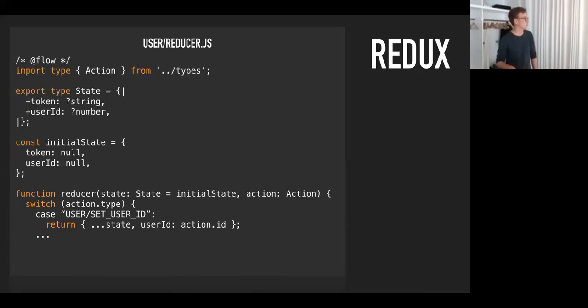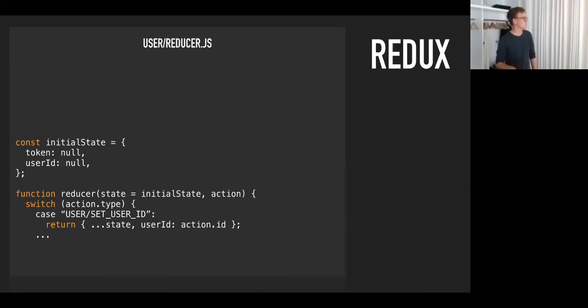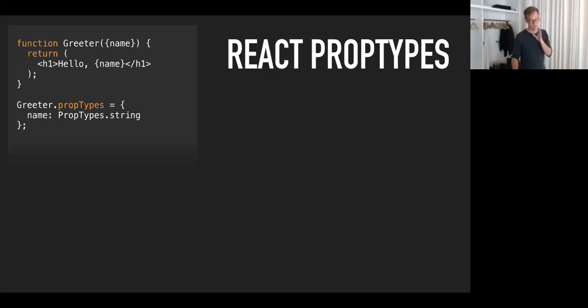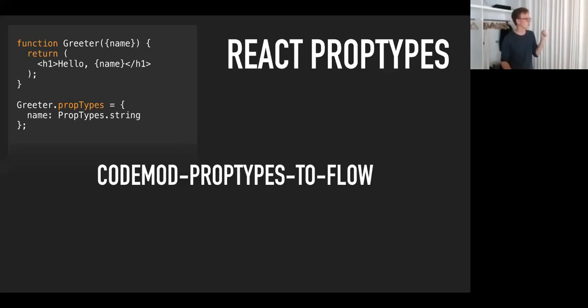So in order to get that, it's about adding some extra lines of code which annotate what the state is and what the actions are. That's the work you need to do in order for your reducers to work. And there's a lot more than that, but Anders will talk about that, I think. Maybe. For React, the prop types example we saw before, I have one recommendation, and that's this codemod.